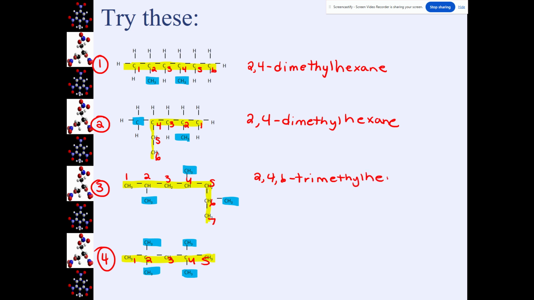The next one would be 2,4,6-trimethylheptane, because there's 7 carbons in that parent. And the last one, there's 4 methyl branches. 2, 2, 4, 4. Tetramethyl. And now this parent is a pentane.